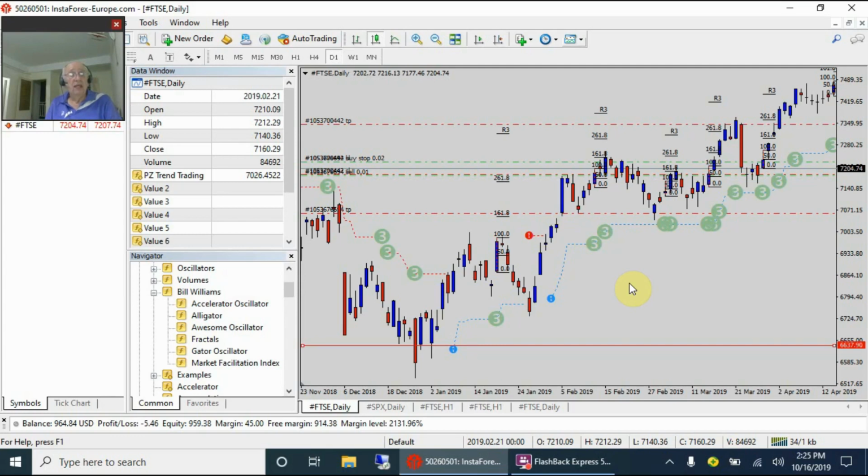Although I must say the EAs are running on an hourly chart on the FTSE, and they seem to be doing very well. For October so far, I mean, the month is about halfway, and so far the accounts are up 17%, which is a lot in my opinion. Actually, maybe too much. But yes, it makes up again for the negative months that you could be having trading these systems.